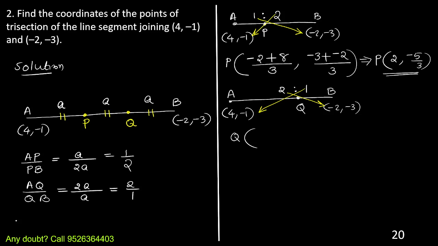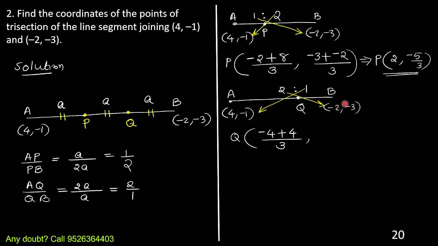So along the arrow, do the multiplication. 2 into minus 2. Multiply with the x coordinates only initially. 2 into minus 2, minus 4, plus 1 into 4, 4. Divide by m plus n, the ratio to be added, 2 plus 1, 3. Comma.